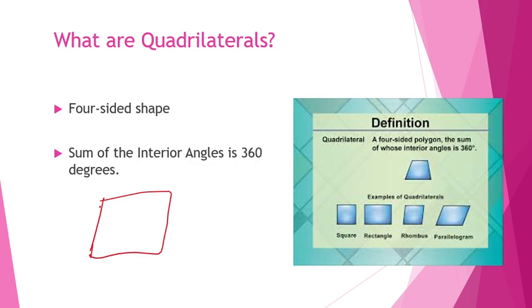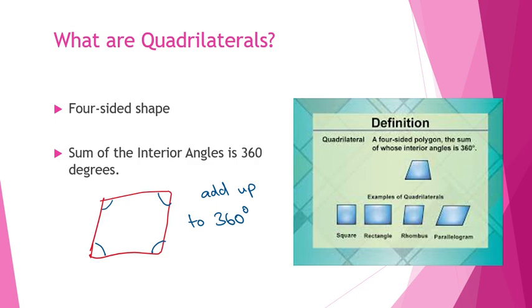If I draw this random four-sided shape, all the interior angles, which I've highlighted in blue, must add up to 360 degrees. That is literally what a quadrilateral is.